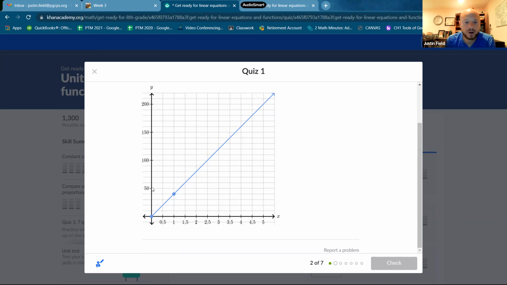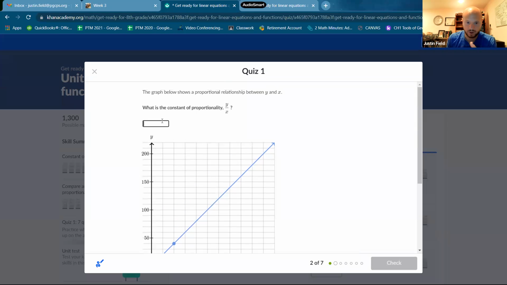If there's 5 tick marks, 5, 10, 15, 20, 25, no. So 10, 20, 30, 40, 50. Aha. So I'm noticing there's 5 tick marks. The 5th one is 50. They're counting by tens. So this is 40 over 1, or just 40.